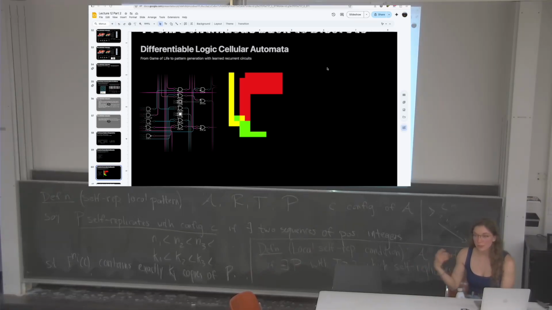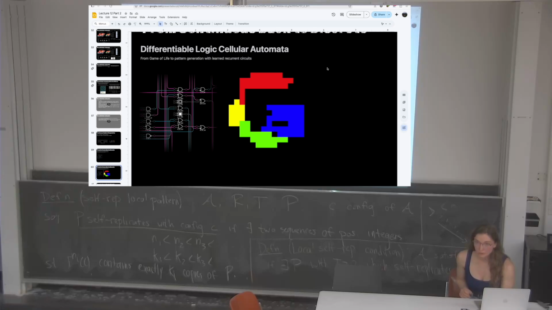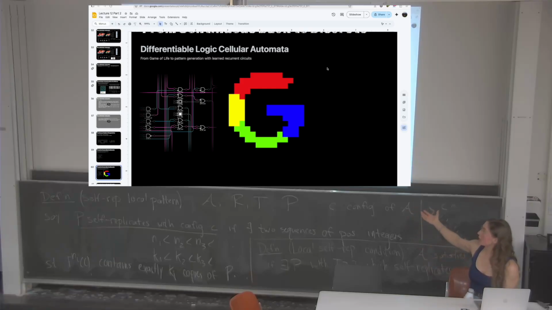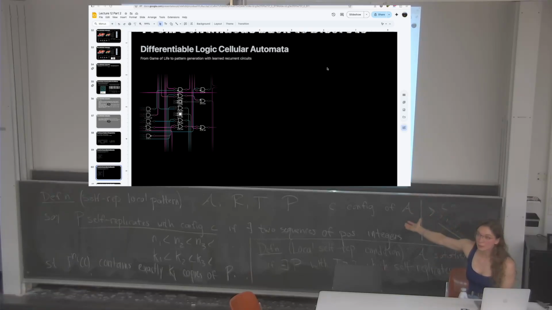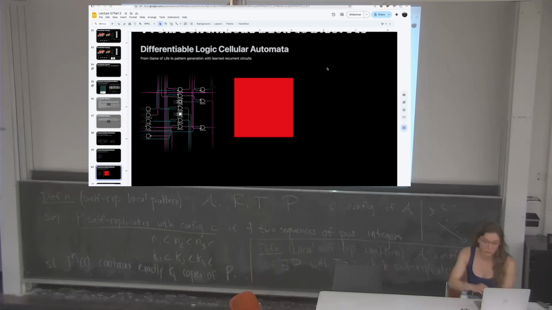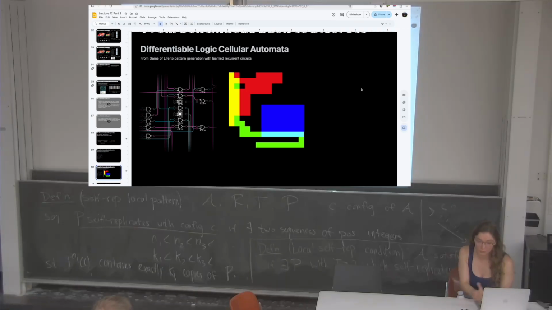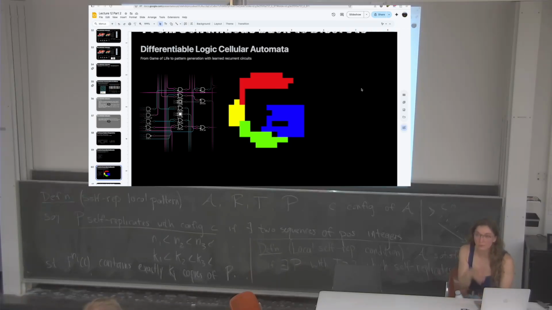Then they can be trained similarly to neural cellular automata, and then these logic gates can be discretized again in a way that actually preserves the shape that you would like such a discrete cellular automaton to grow, which is quite surprising that some continuous systems survive this brutal discretization.